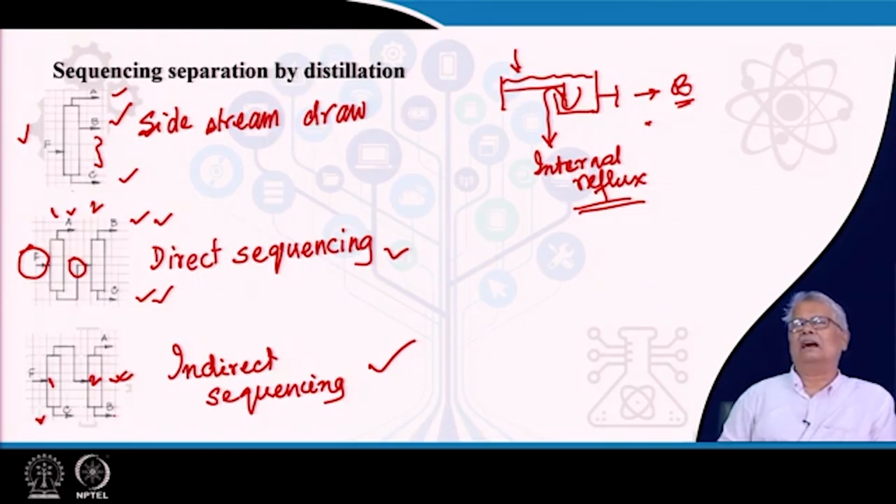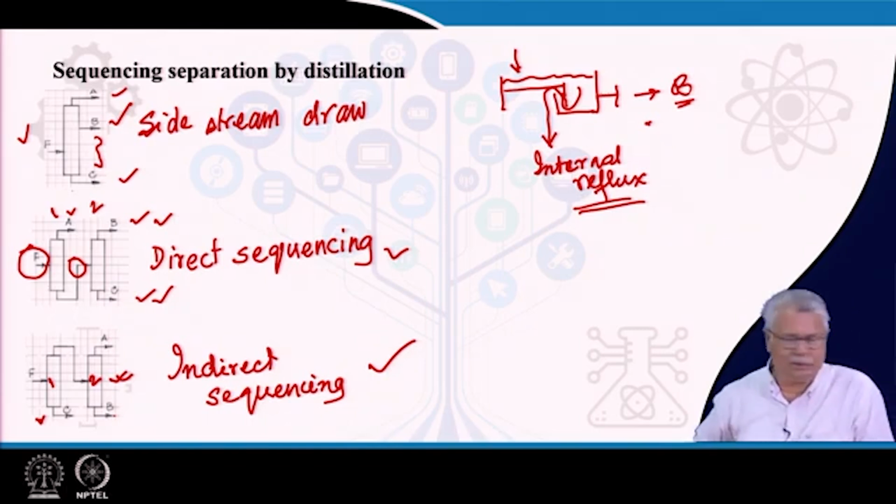Naturally, these are the options. In case of batch distillation, with stages, normally the side stream draw is not very economic, because batch distillation is used when the extent of separation required is not very high.